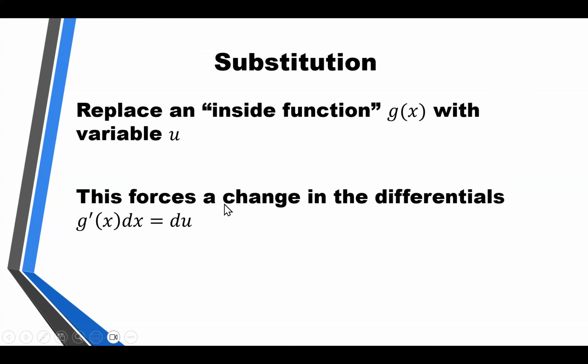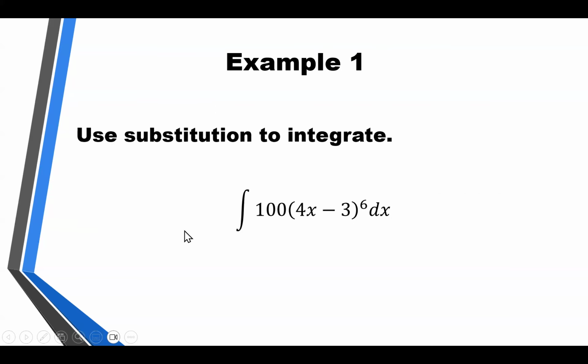But when I do that, I have to take into account this g prime, because remember, u was equal to g. So we're going to end up having to replace not just dx with du, but some g prime dx with a du. It'll make more sense once we start with some examples.